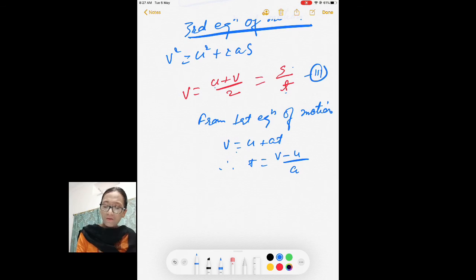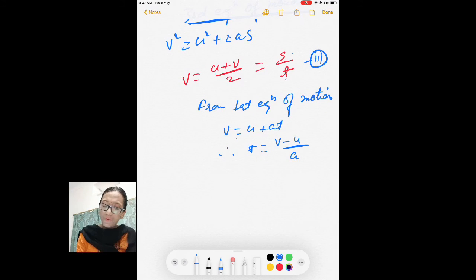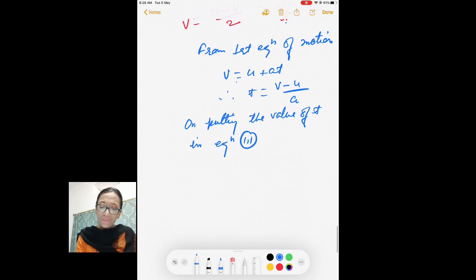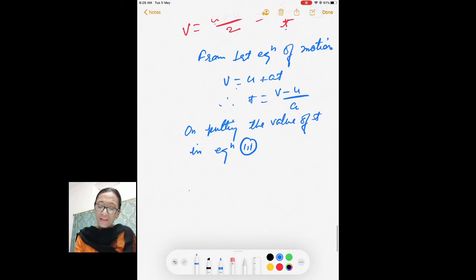So putting the value of t in equation 3, we get that u plus v upon 2 is equal to s divided by v minus u upon a.